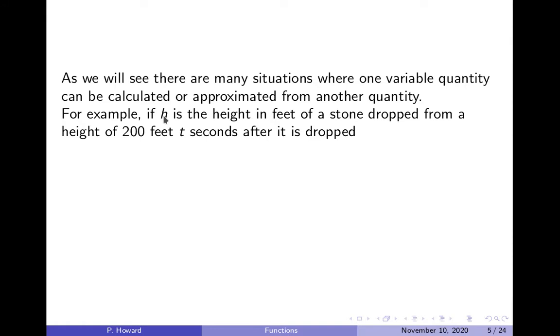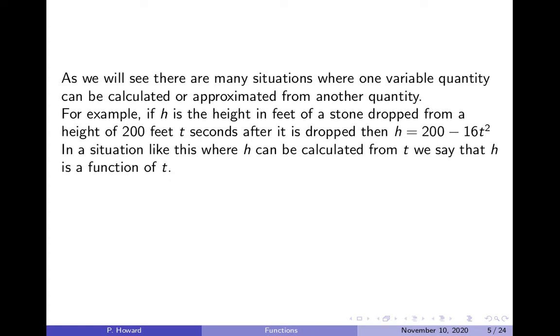Well, you would expect that the height after t seconds could be calculated using t, and that is the case. H, the height above the ground, can be calculated using this formula. H is 200 minus 16t squared. This is a formula from physics, although we won't be doing much physics in our examples.